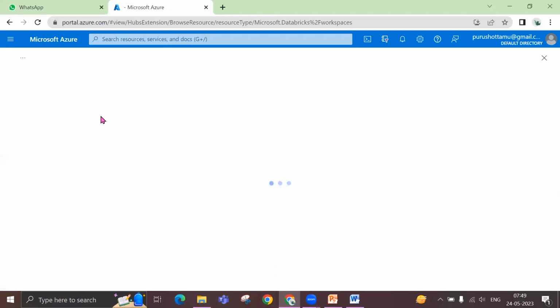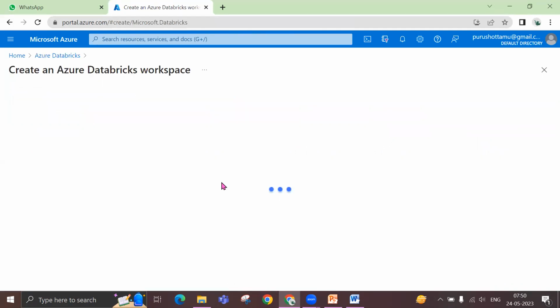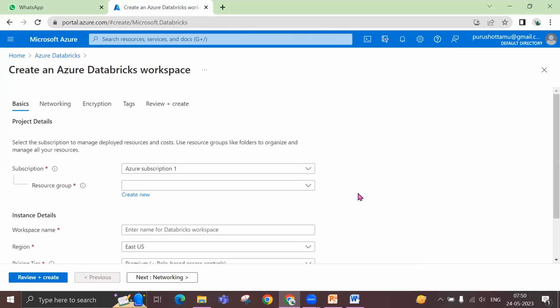So this is what we're going to discuss. Okay. So now, let's see. Right now, nothing is there. Let's see how to create an Azure Databricks service. So basically, it's creating a workspace for you to interact with Spark.